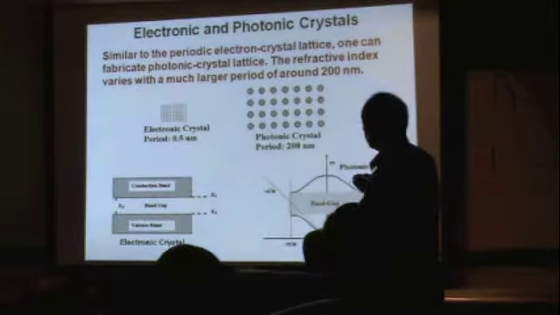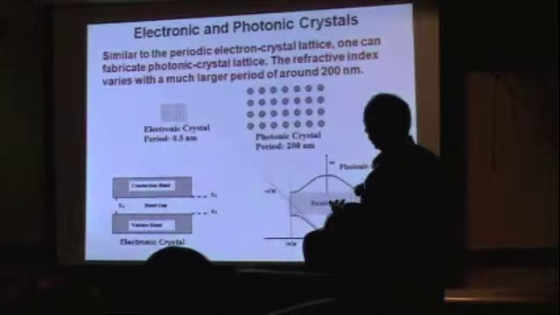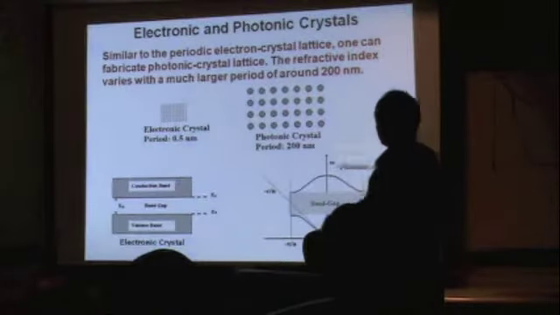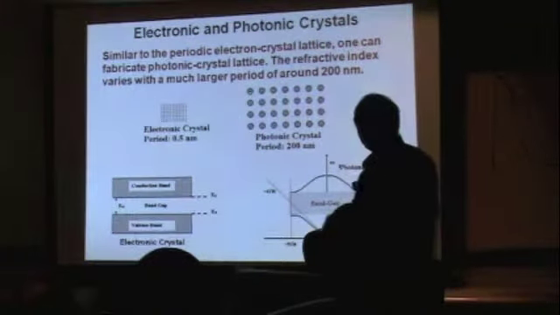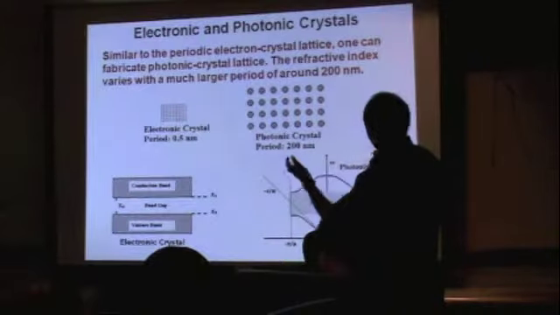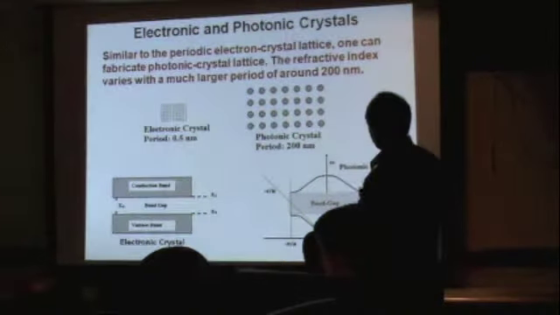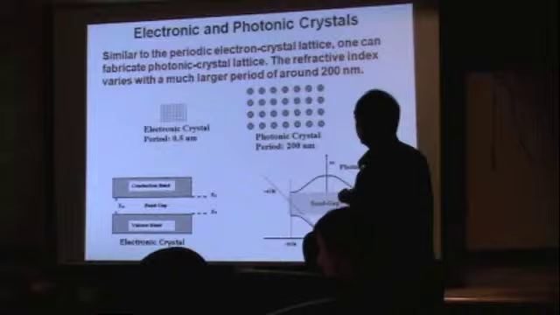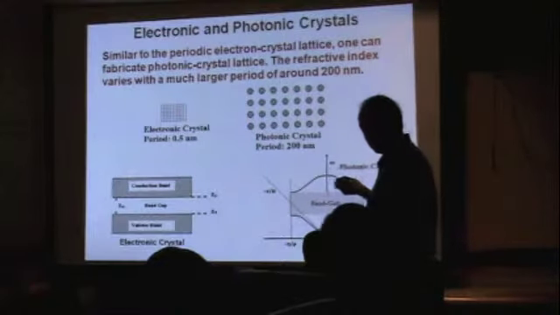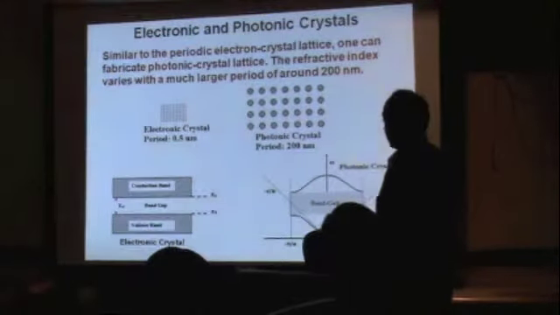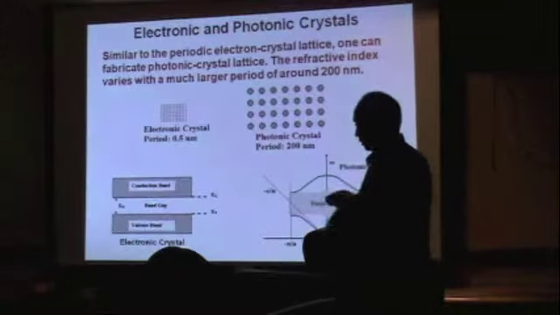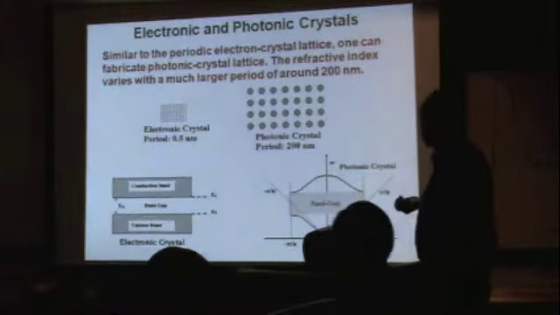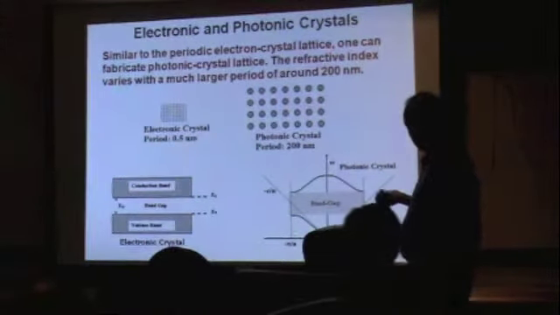This can be done artificially by lithography or some other technique. If you have a periodic array of changing refractive index with a period of a few hundred nanometers, then you can generate a photonic crystal. And just like you have a band gap for electronic crystals, you similarly have a band gap for photonic crystals also.